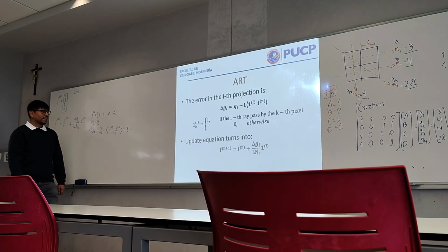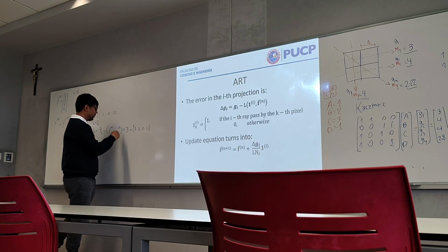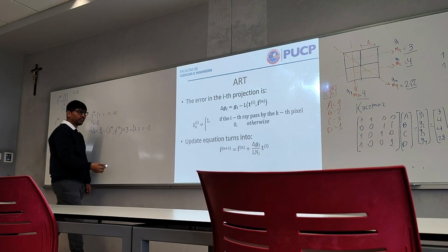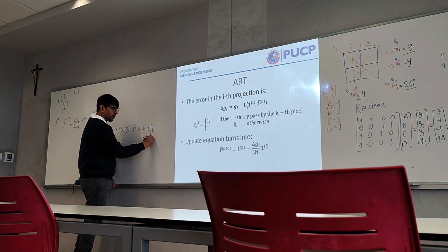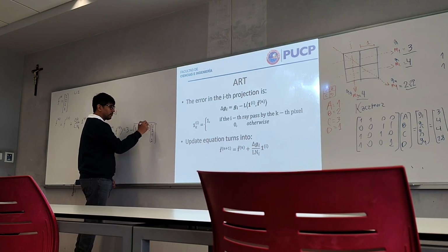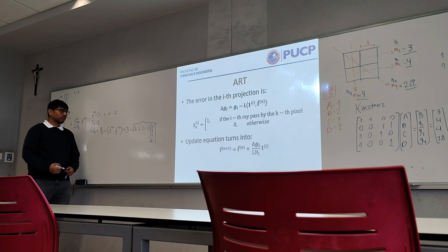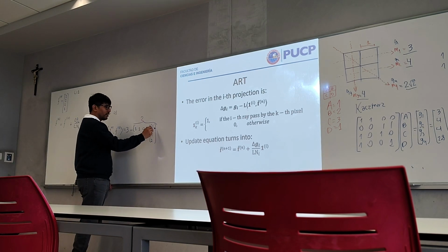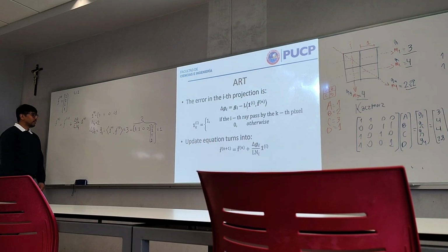I will write it one time. This is the vector 1, 1, 0, 0 that corresponds to that first ray, multiplied by our first guess. How much is this? So this is 1. Our first delta G is 1.